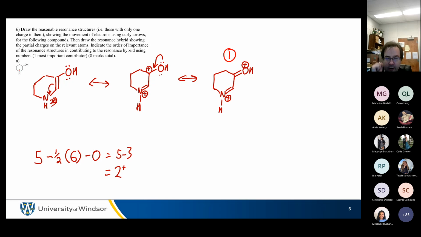Nitrogen, carbon, oxygen, everybody's got their full octet. Both of these things, you have an atom without its full octet. In one case it's carbon, in one case it's nitrogen. But worse than that, so first of all, if you have 2 atoms both without their full octet, and this is what I was really trying to evaluate with this question, and I just did not write 2+ because I'm an idiot.